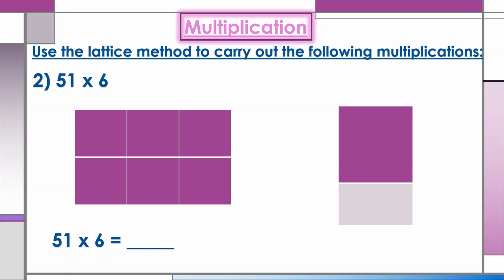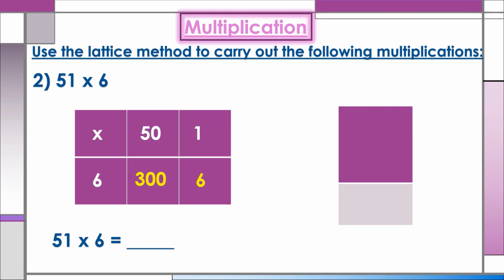51 multiplied by 6. We write here multiplication sign. Then we write split 51, 50 and 1. Write the table here, 6. Now 5 6s are 30, so 300. 1 6 is 6.